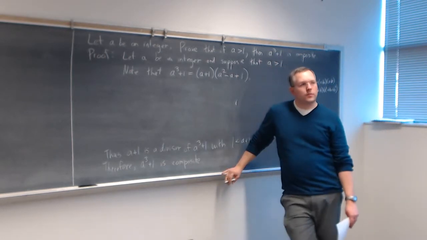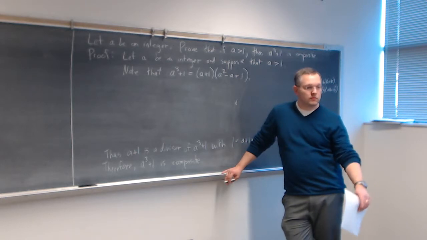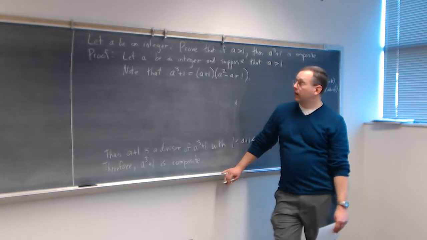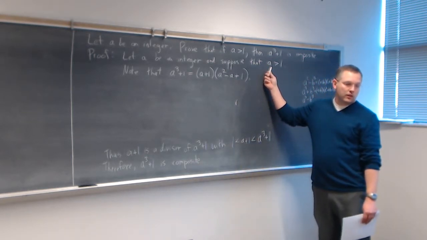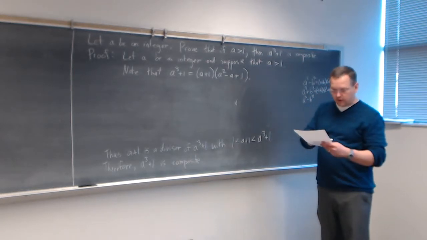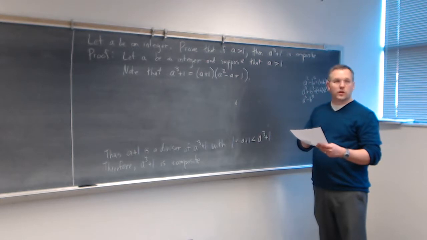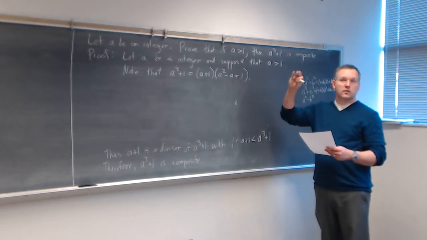So what did you put for your second line? Since a is greater than 1, we have a plus 1 is greater than 1 plus 1, which equals 2, which is greater than 1. So how many other groups did that next? Everybody?